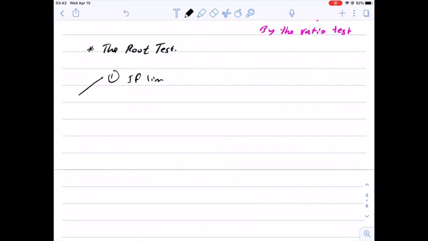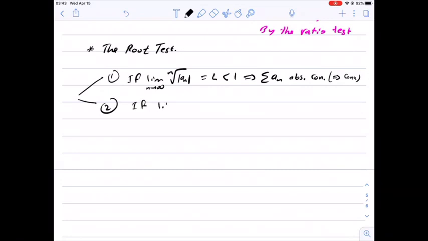So we have three cases. First, if we apply the nth root over the absolute value of the terms of the series as n goes to infinity, and if that gives us L less than 1, that means the series is absolutely convergent, and thus it's convergent.